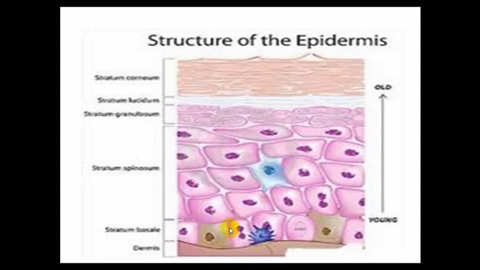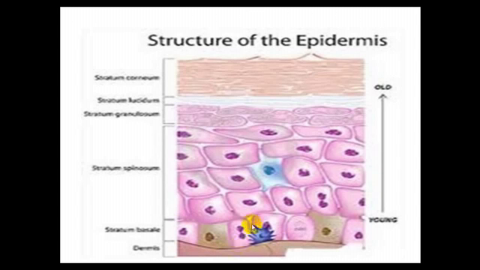Also, it makes attachment between the stratum basale and the stratum spinosum above. While the basal attachment of these cells to the basement membrane is by a structure called hemidesmosome.